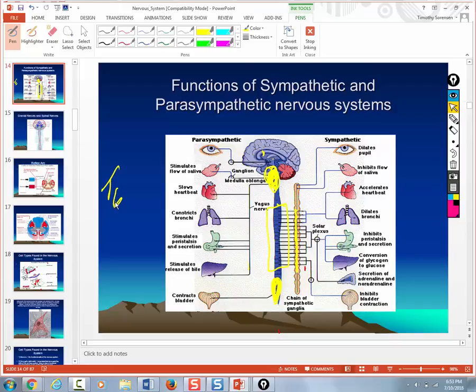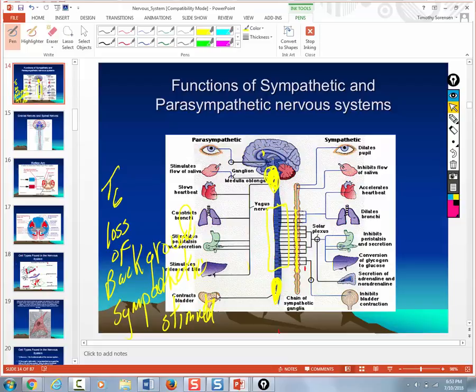So, for a spinal cord injury above T6, there is loss of background sympathetic stimulation.